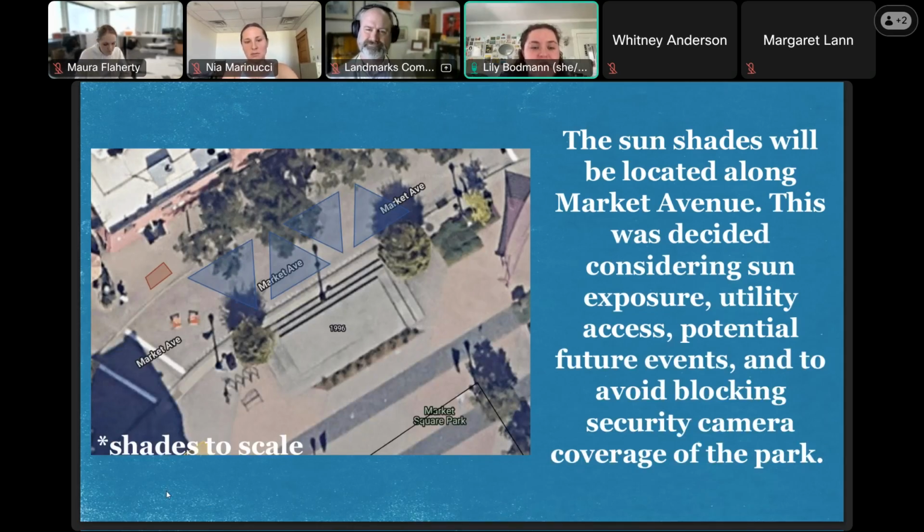This location was decided with the Land Studio plan and the Vocon plan in mind, where main sun exposure is in the park, what utility access looks like, what would be beneficial for potential future events such as concerts or any gatherings we host in the park, and where we can put them to avoid blocking security camera coverage. There were a lot of factors considered, and ultimately this is what we landed on, in the hopes of both activating Market Avenue and avoiding a lot of potential issues of other locations.